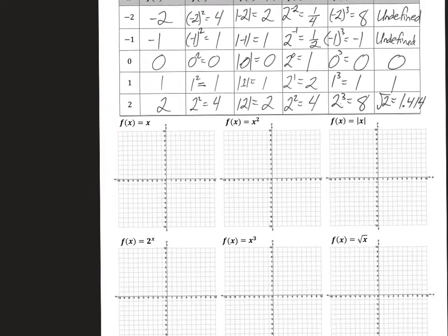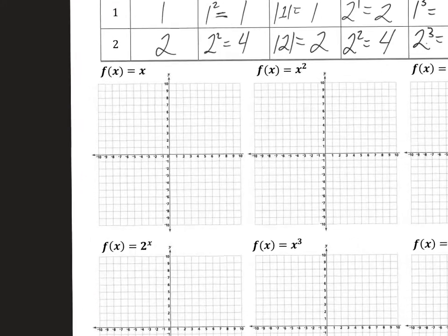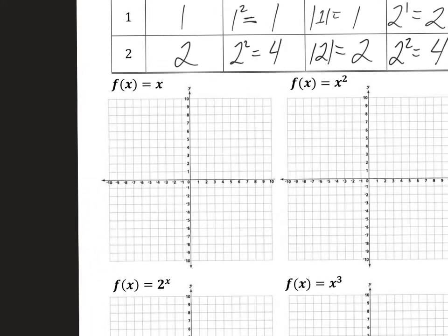Okay, right below, we're going to graph this. So let's just pick some points. So we have this. We're just making a straight line. So it should look something like this.